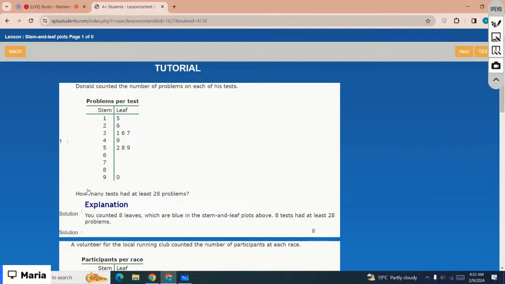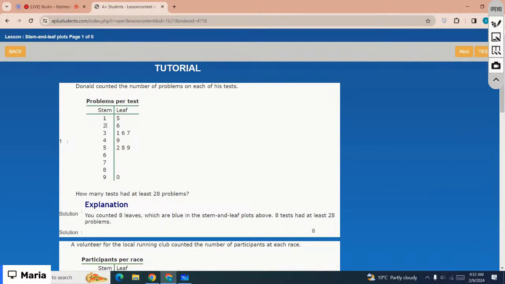How many tests have at least 28 problems?